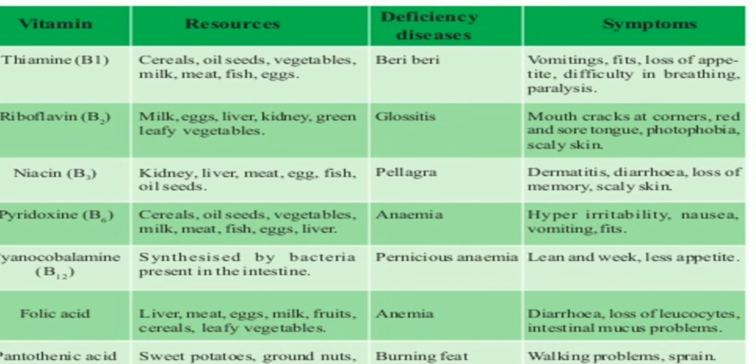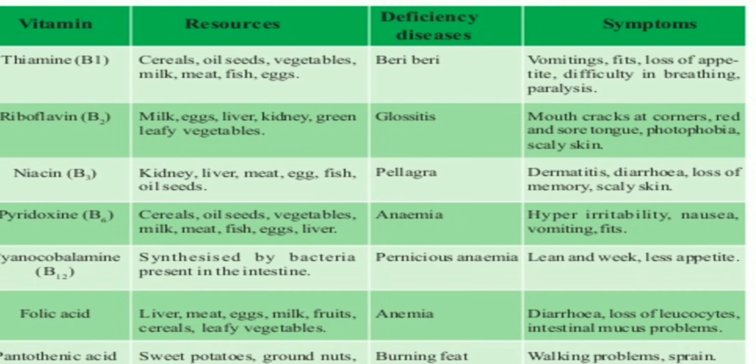What are the symptoms? The mouth cracks at the corners, red and sore tongue and photophobia. Photophobia means the child is unable to see the light, and scaly skin. The skin becomes scaly. Next is niacin, vitamin B3. What are the sources? Kidney, liver, meat, egg, fish, oil seeds.